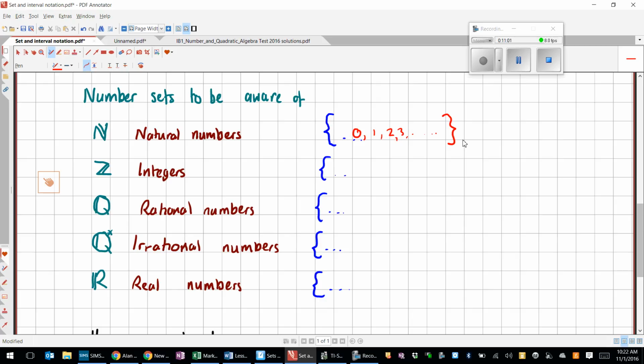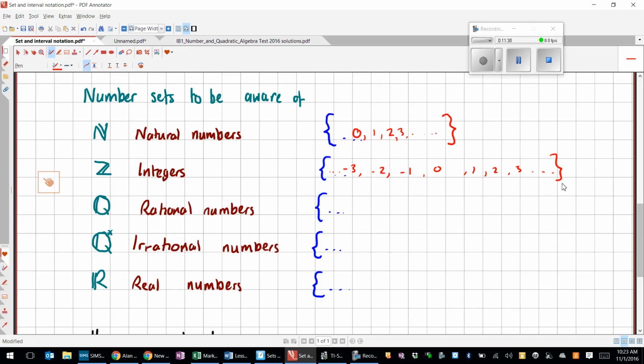Okay, integers. You might think they're the same thing as counting numbers, but what is extra? Negatives. So we must have negatives in there as well, going in both directions up to infinity. The only difference between natural numbers and integers is negatives.